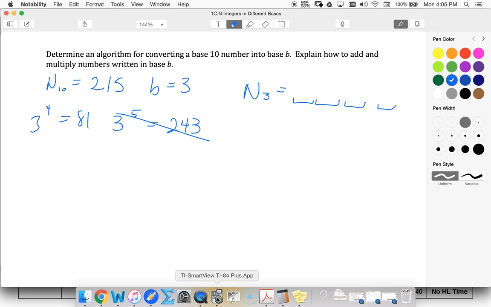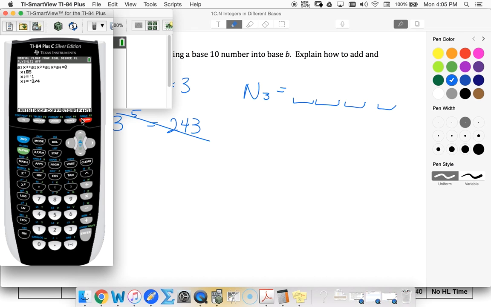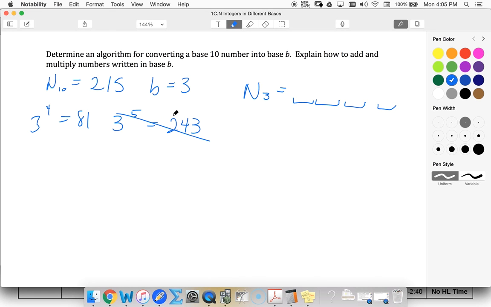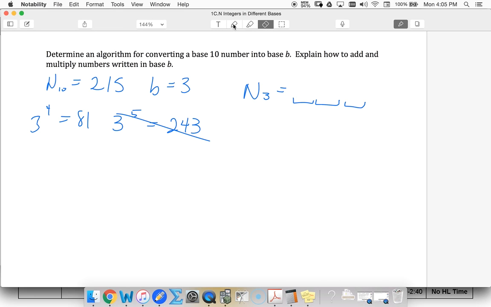So 215 divided by 81 gives me 2. Since I'm using 3 to the 4th, I'm going to end up with 5 places in my number.